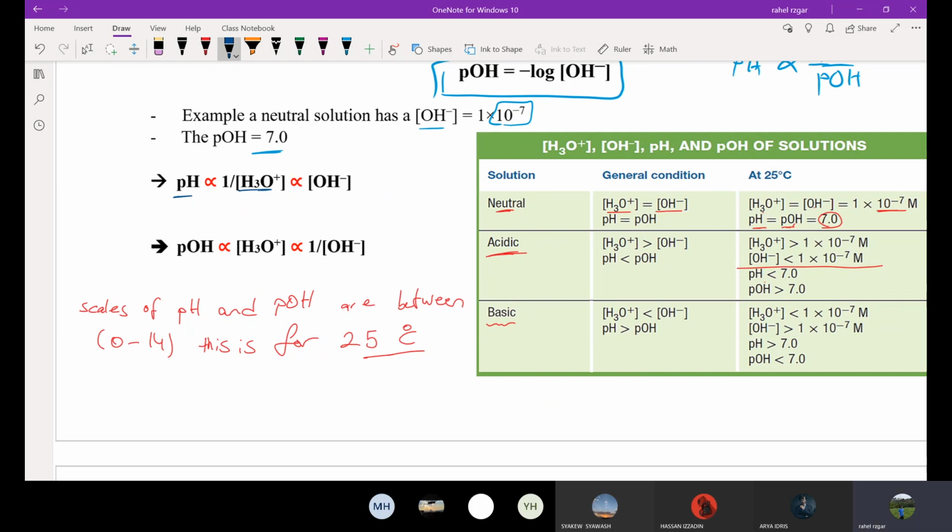If acidity increases, what happens to H3O? Increases. Then if acidity increases and H3O increases, what happens to pH? pH must decrease, because pH below 7 is acidic. The lower the pH, the more acidic.